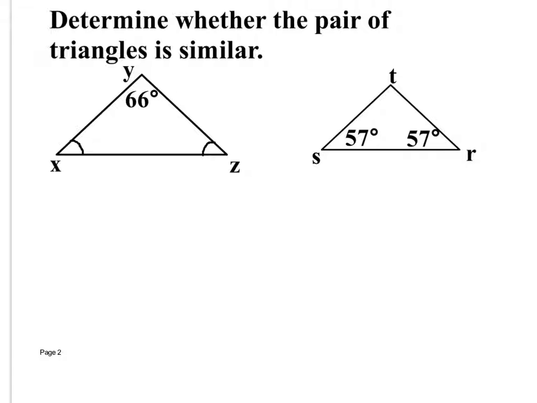So we know a triangle adds up to what? What does a triangle add up to? It's not 90, it's 180. A triangle always adds up to 180. So if I was to take 180 and subtract 57 from it and then subtract 57 more from it, what do I get?